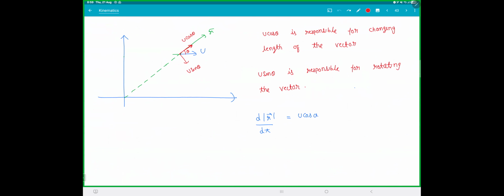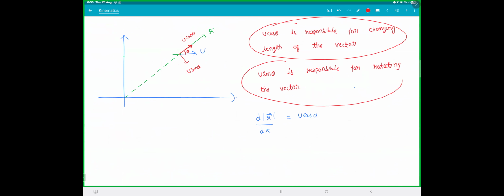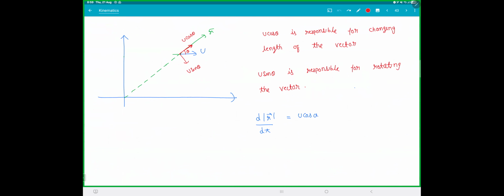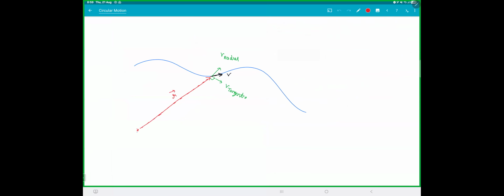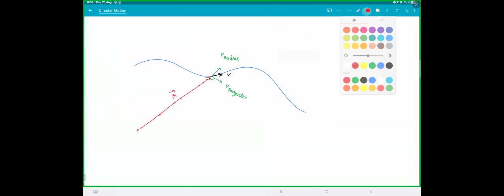So a velocity will have two components. u cos theta is responsible for changing the length of the vector, and u sin theta is responsible for rotating the vector. So this u sin theta is your tangential velocity. So that will be a v radial and v tangential. When you're going in a circle, v radial will be 0.